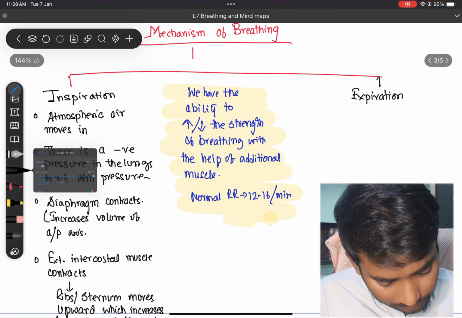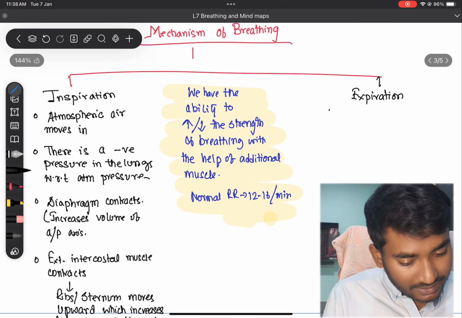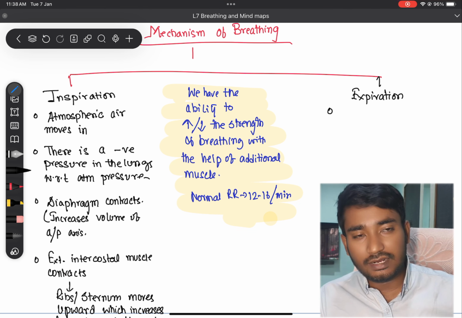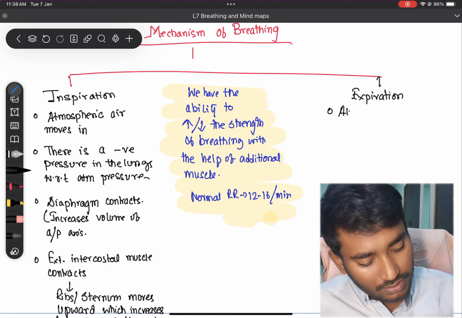Now, expiration. Alveolar air is released out. In expiration, we release out the alveolar air, that is, the carbon dioxide is released out.